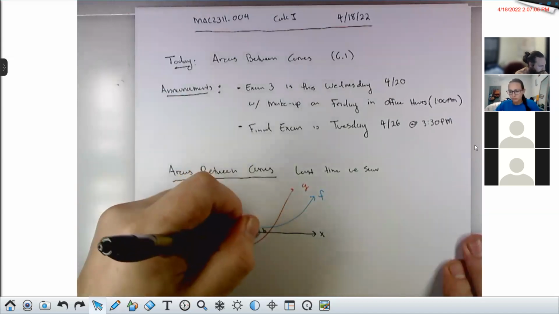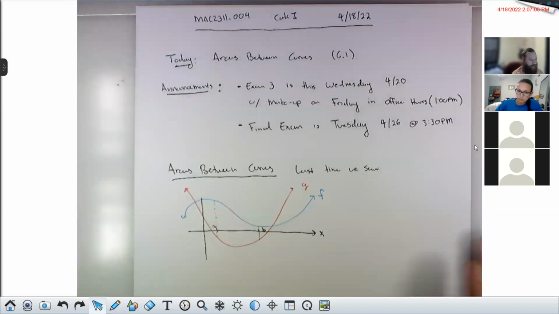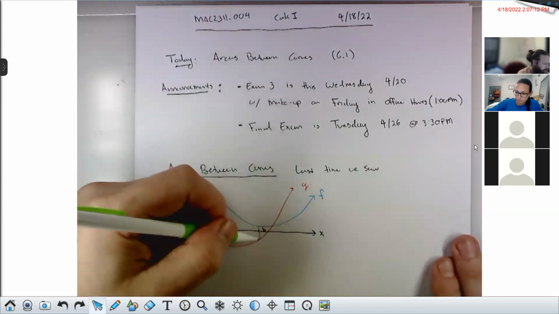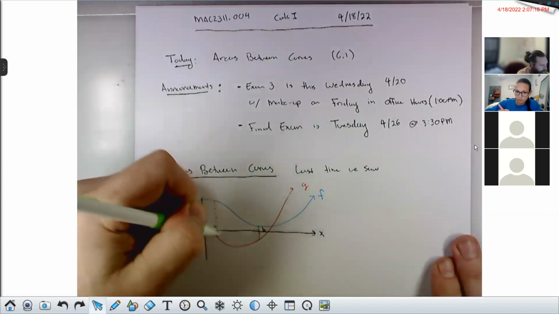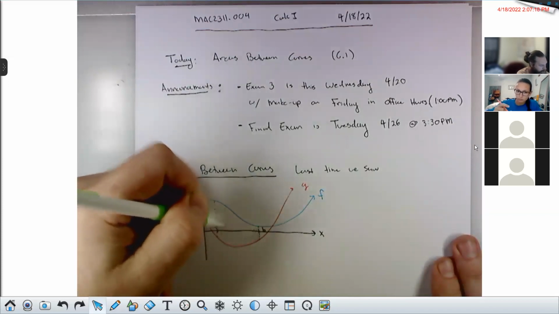If you want to find the area bounded between these two, then really all you have to do is integrate the upper function minus the lower function from A to B.